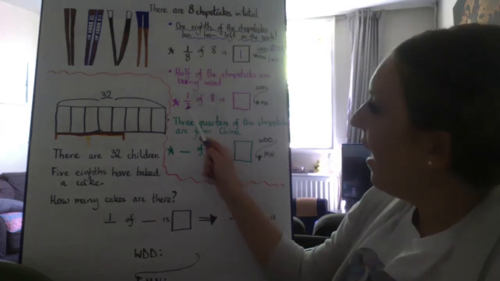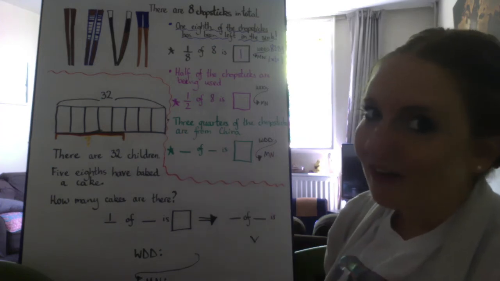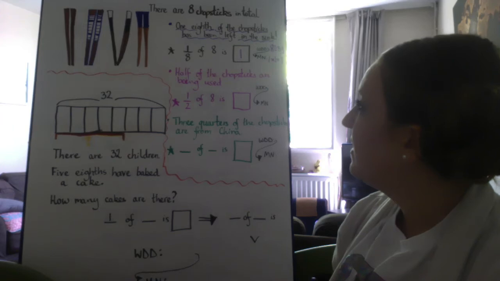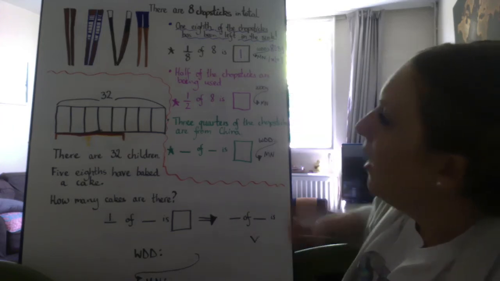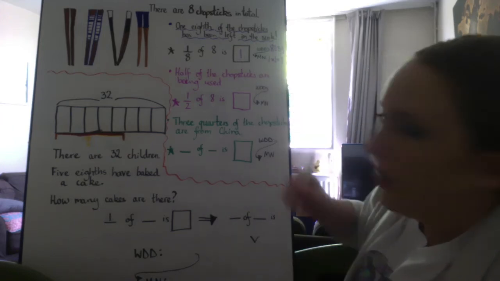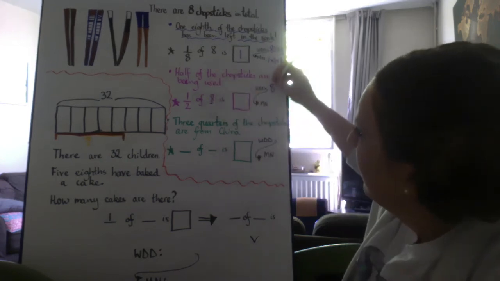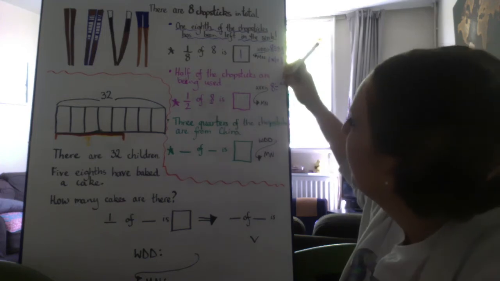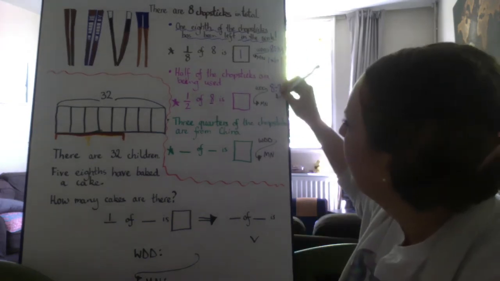So half of 8. Now, some of you, I already know that you know what the answer is, but let's still look at our WDDMN strategy. WDD, whole divided by denominator. My whole is 8. 8 divided by 2 is equal to 4.